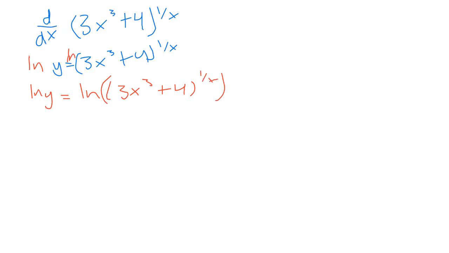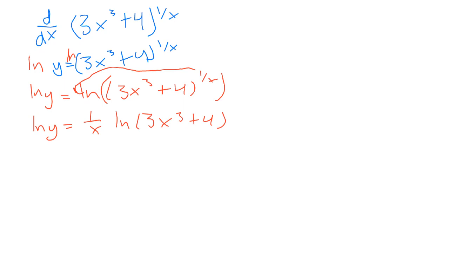Using our exponential log rule, since this is inside a log function, we can pull this exponent out and move it in front of the log. So we can now say that we have natural log of y equals 1 over x times the natural log of 3x cubed plus 4. Now we are in a form where we can derive.